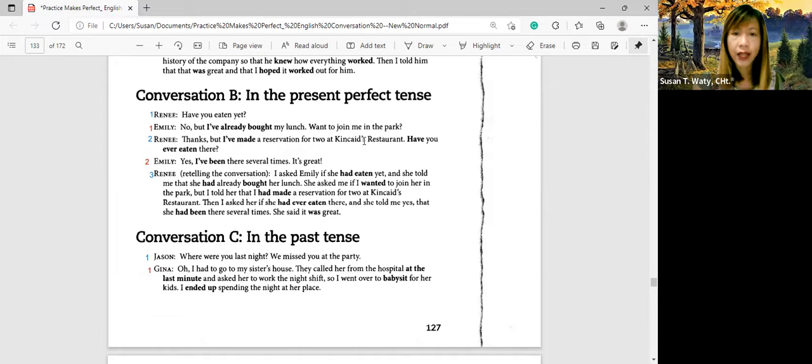Kincaid's with the S, okay? Remember, when there is an S, you have to mention it. It's at Kincaid's restaurant. Restaurant, okay, the E and U is barely mentioned, so restaurant.